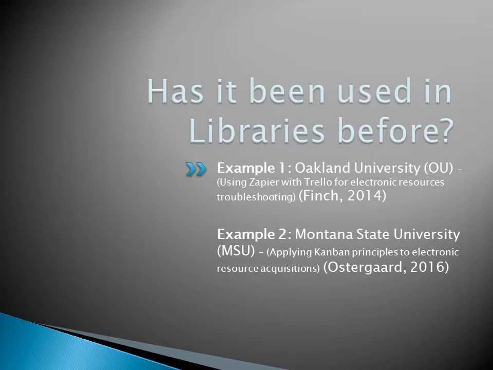As the Electronic Resources and Discovery Service Librarian, Kirsten Ostengard is using Trello to document and track e-resource acquisitions. They've created one board titled E-Resource Acquisitions, divided it into 5 lists representing the different stages of acquisition process. They have then assigned a card with a checklist of activities they can move between lists for each electronic resource acquired.